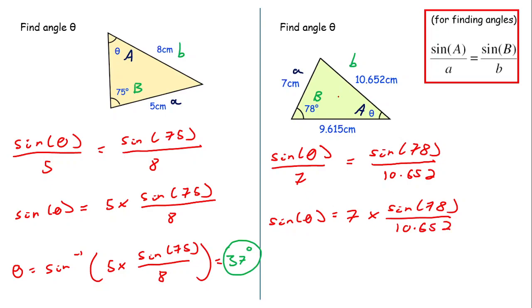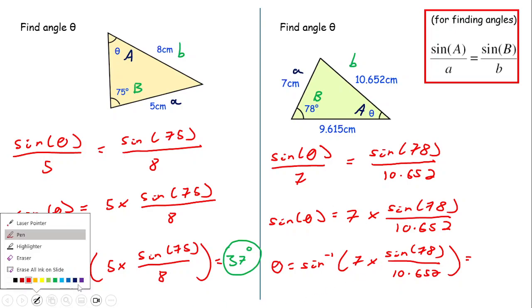I've got sine theta. I'm trying to find theta, which is the angle that I want. So I've got to take the sine inverse of everything here. So theta will be equal to sine inverse of 7 times through by this, sine 78 over 10.652. Close the big bracket and then type this into your calculator.